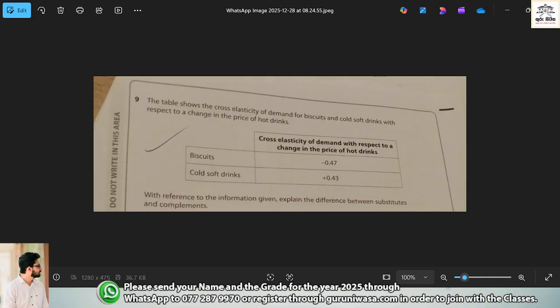Read the question. Can you read it? But this is not calculation. It's like a question regarding decision making.